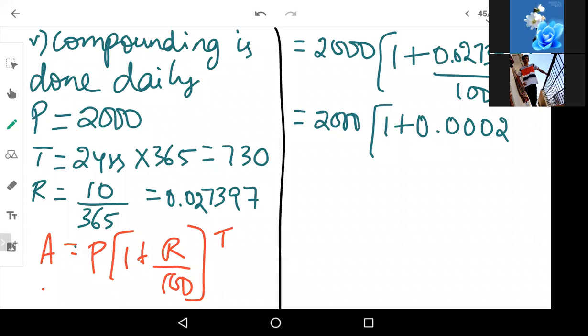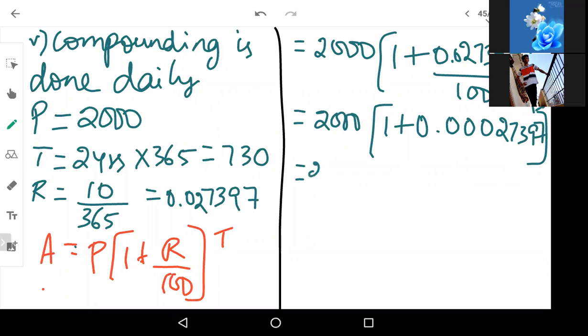Calculate 10 divided by 365. You get 0.027397. Now, if you divide this by 100, you'll get 3 zeros. So 0.00027397 to the power 730.